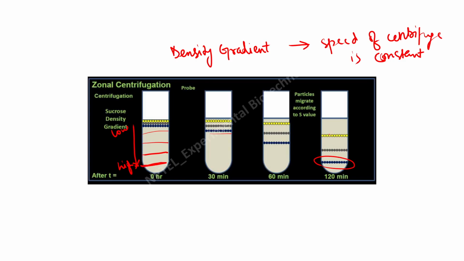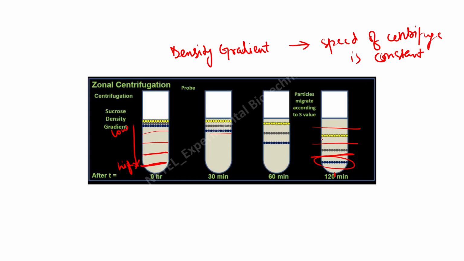Once you have these layers separated, you can either pipette these layers out, or you can have an opening at the bottom and collect these layers. If you collect the fraction till here, you will have only the blue components. Then collect the fraction till here, you will have the gray component.